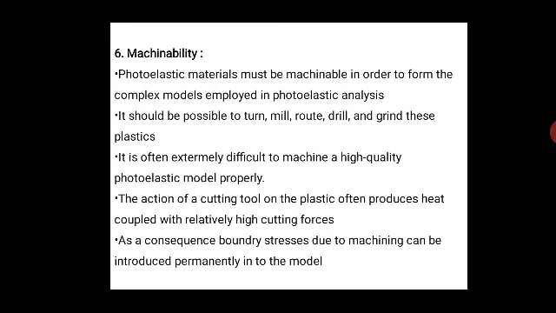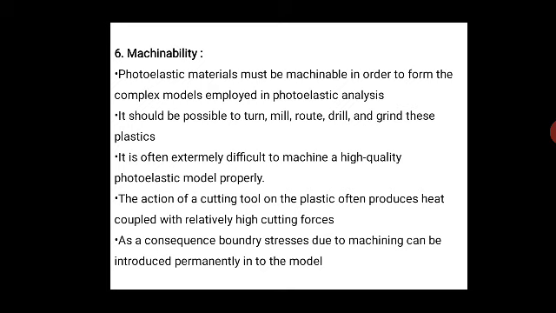As a consequence, stresses due to machining can be introduced permanently into the model. So because of the mechanical as well as thermal effects induced in the material, the properties of the photoelastic material will vary.